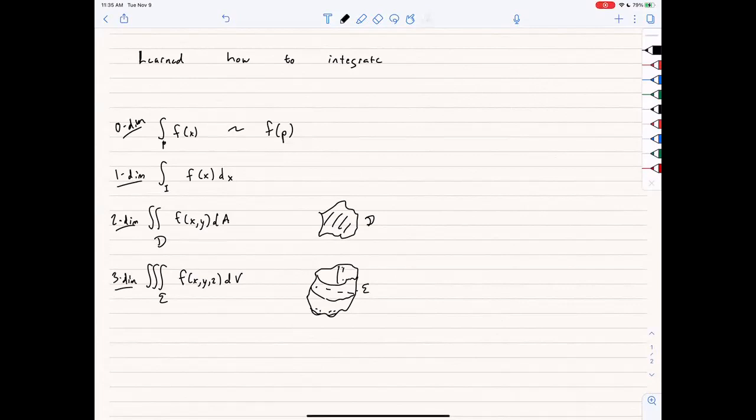Now, however, what you'll see in all of these more familiar cases is that what you're integrating over is an open or closed but kind of dense set. So we've got an interval in the line. We've got a domain D that's filling out some dense region here. And then we've got this kind of solid.